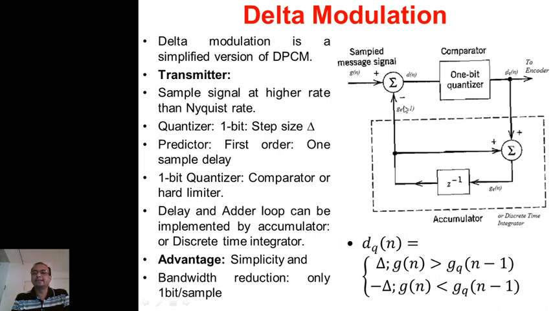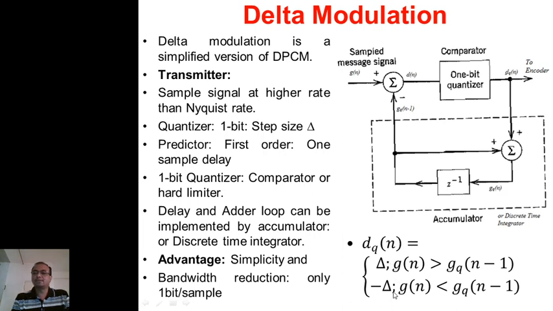So if this signal is greater than this signal, it is positive, and the output of this quantizer is simply delta, the step size. The step size is fixed here, it is delta. But if this signal is negative, meaning g[n] is less than g_q[n-1], the quantizer or comparator generates minus delta, right?